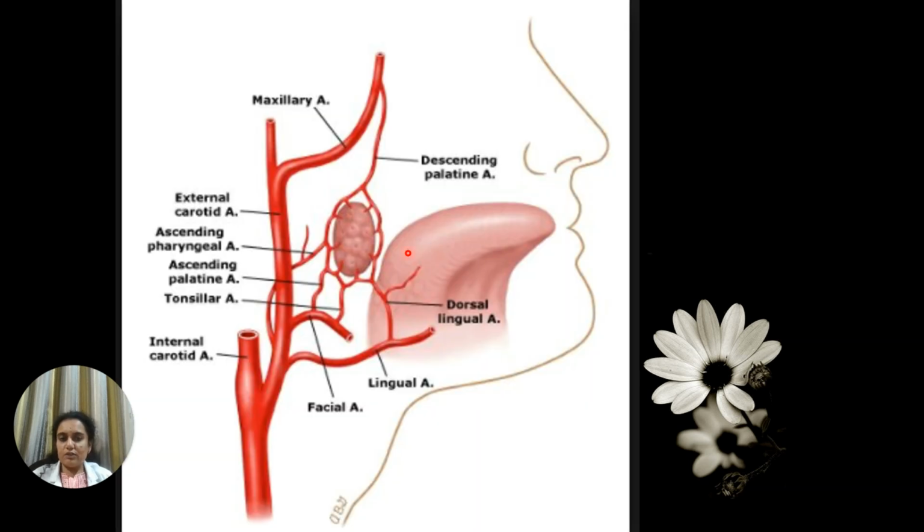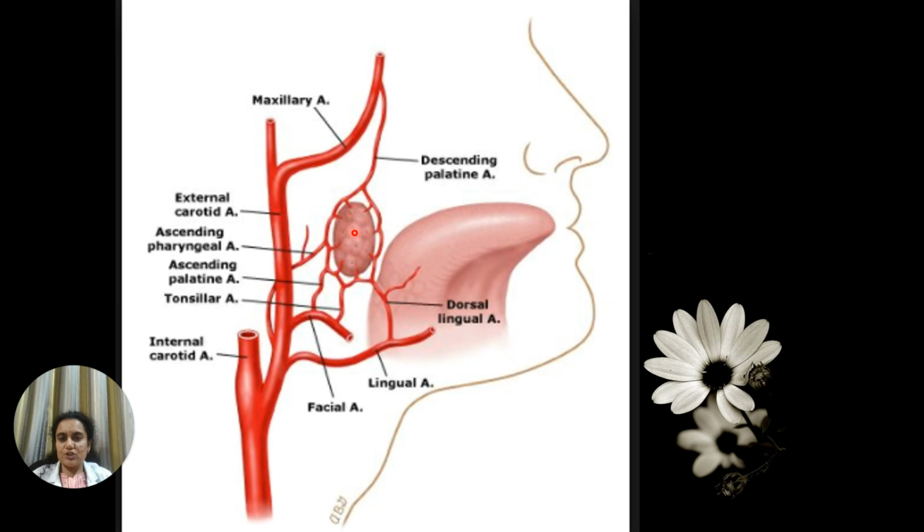So coming to the blood supply of the tonsils. The tonsil is supplied by branches of the external carotid artery. So we have the descending palatine artery and also the ascending palatine artery, the ascending pharyngeal artery, the tonsillar branch of the facial artery, and also the dorsal lingual artery. These are the blood supplies of the tonsils.